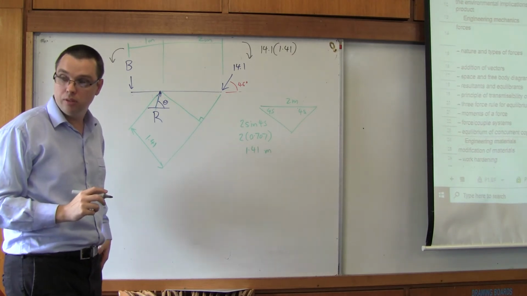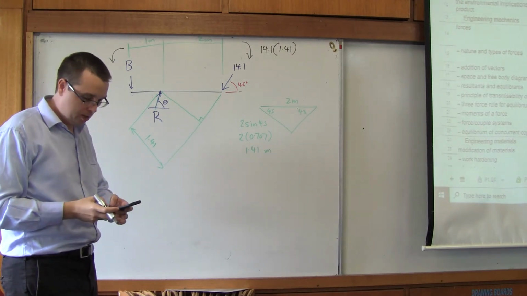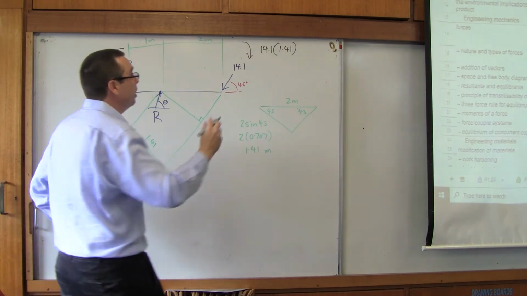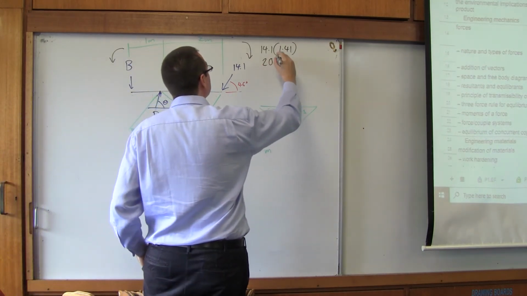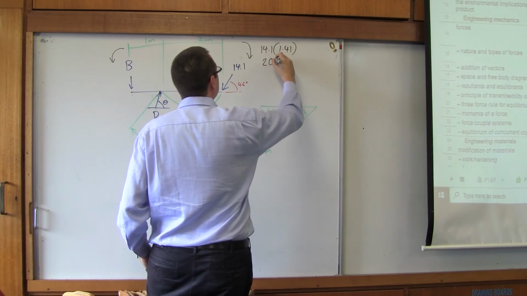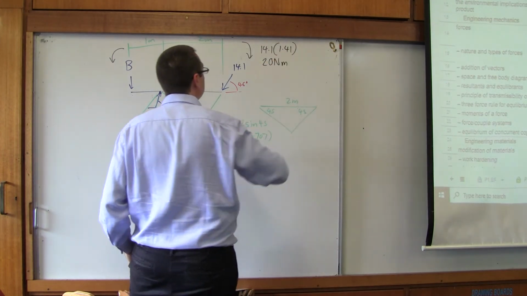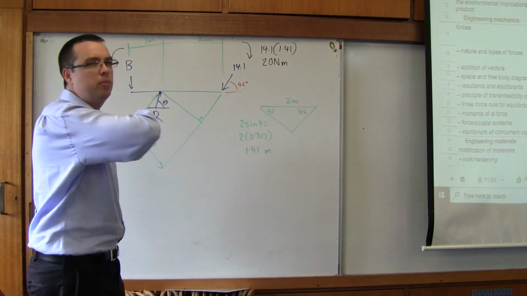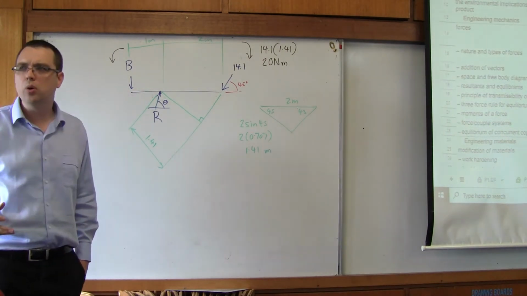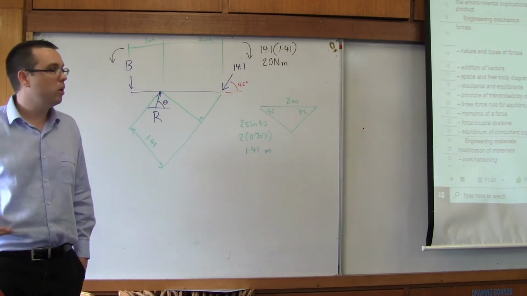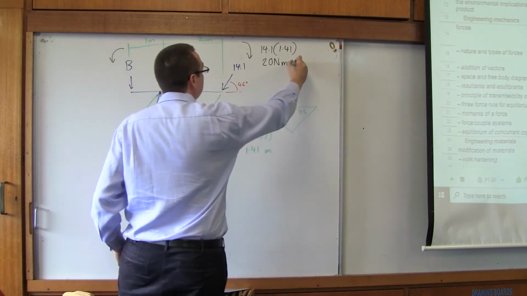Is it 20? Don't leave me guessing. 19.88. Yeah, that's 20, with some rounding issues. So that's 20 newton meters. Is it turning the seesaw clockwise or anticlockwise? Clockwise. Okay, so we could say it's positive.